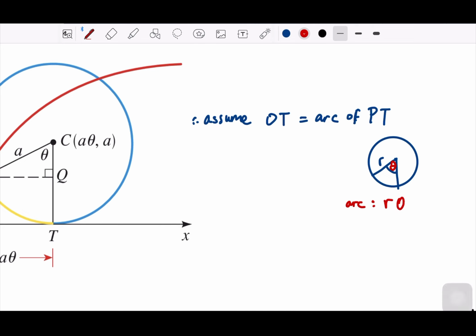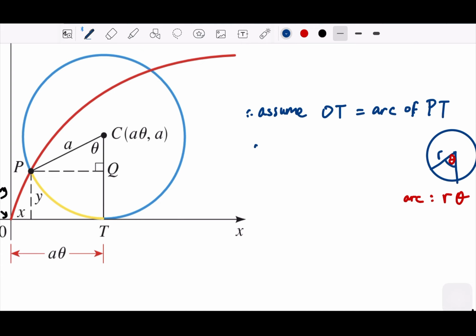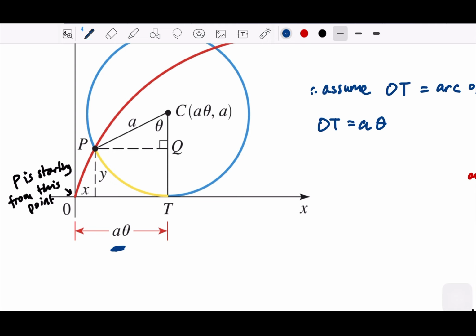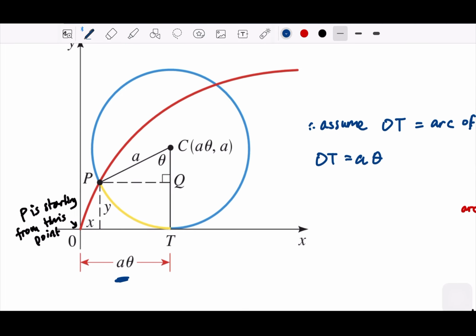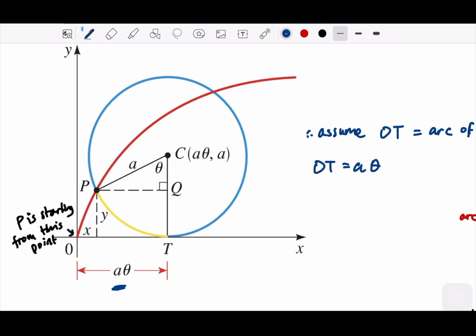So r theta is the arc. So this OT is equal to A theta. That's why we have the coordinates for C: A theta and A, because the height is also A, okay?